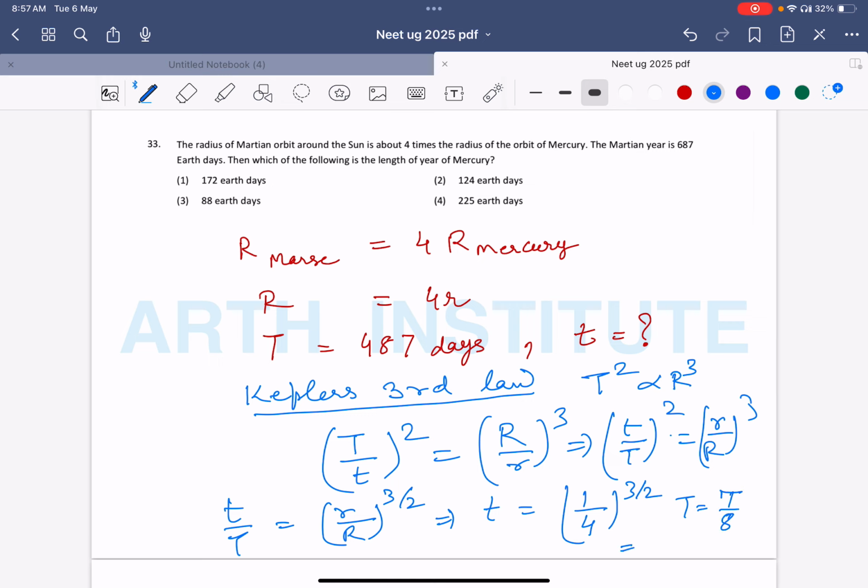And T is 687 divided by 8. And this is approximately 86 days. And since the answer nearest to 86 days is 88 Earth days, so the correct answer is 88 Earth days. So this question is based on Kepler's third law of planetary motion.